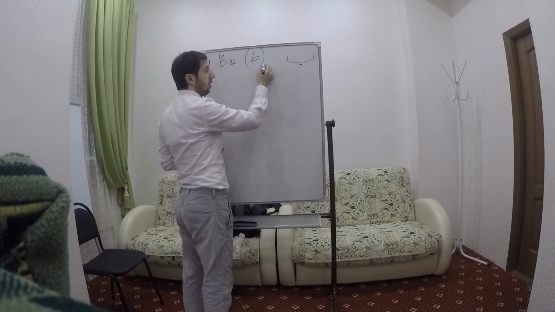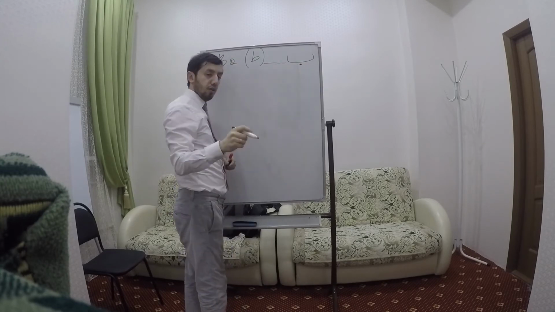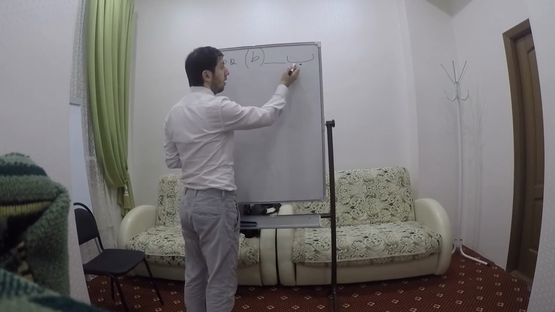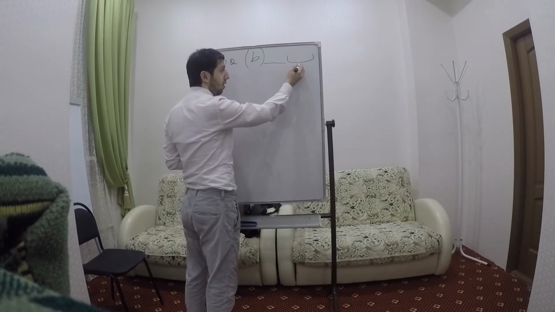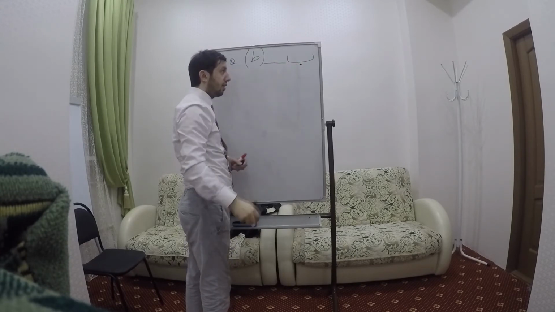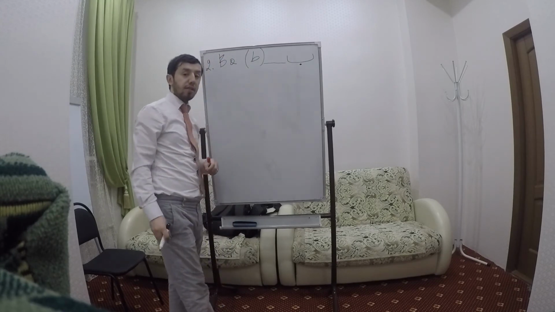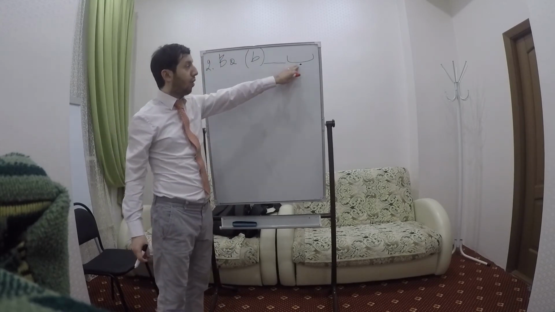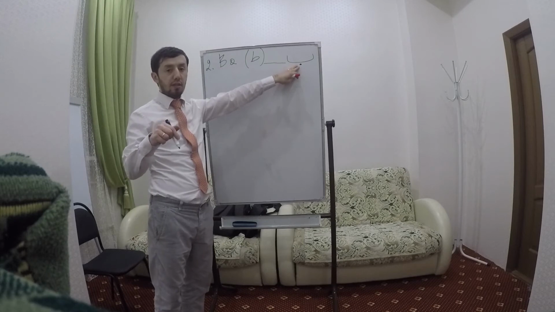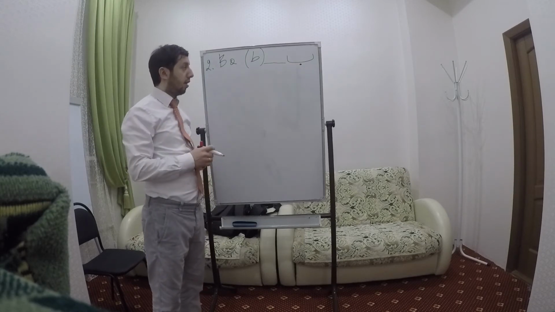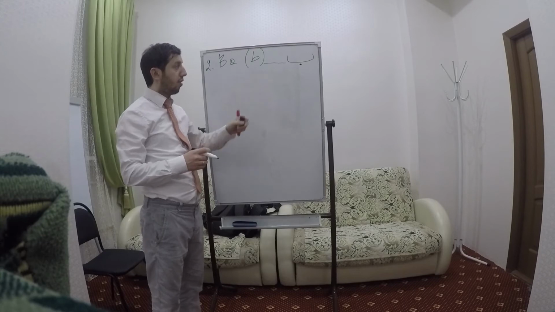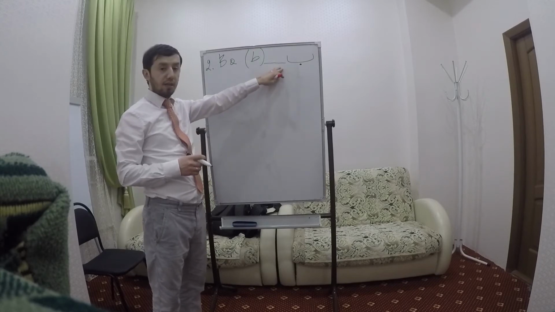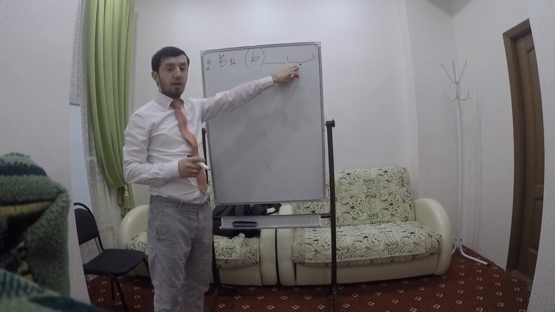If, for example, there is a line in your copybook, the letter should be on the line, not under the line, but the dot should be under the line. So the letter ba has one dot under. I want to tell you that in Arabic letters, the dots play a big role.